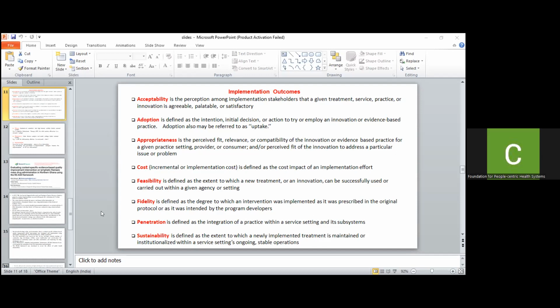Thank you, Dr. Shivangi, and I hope Dr. Amrita, your doubts got cleared. Yes, thank you. Any other question? Any other question from anyone regarding implementation research?